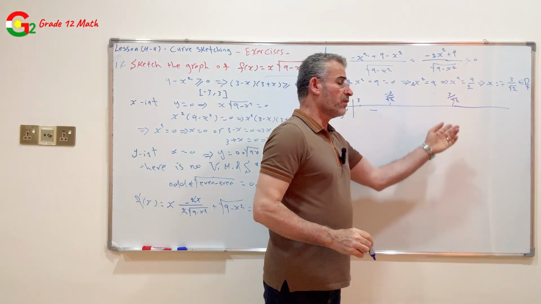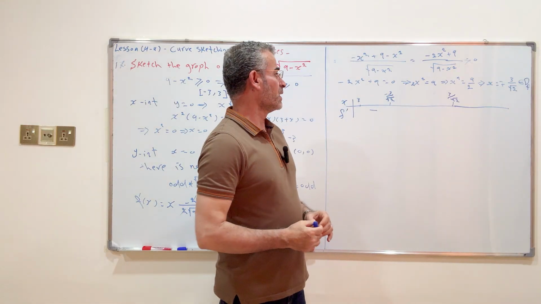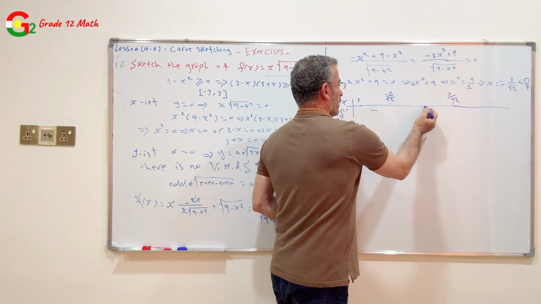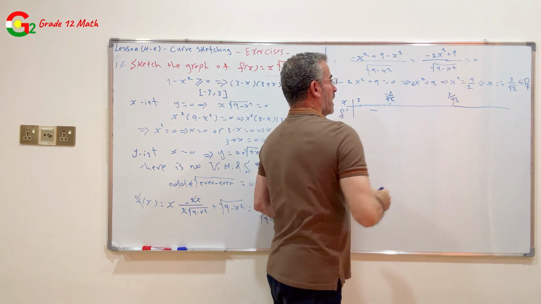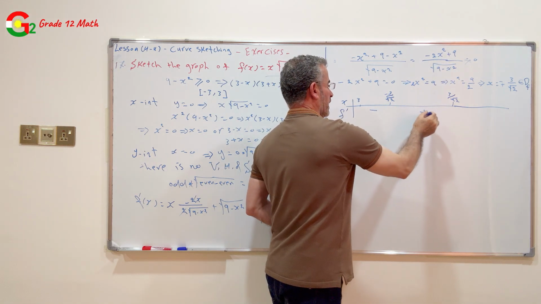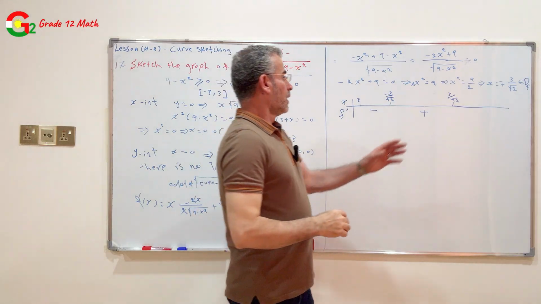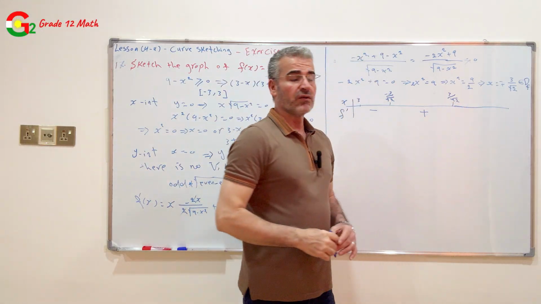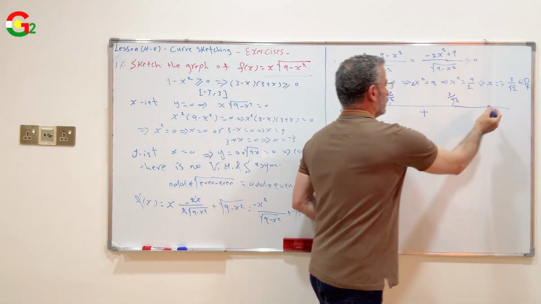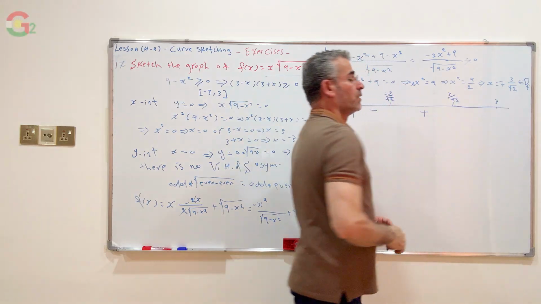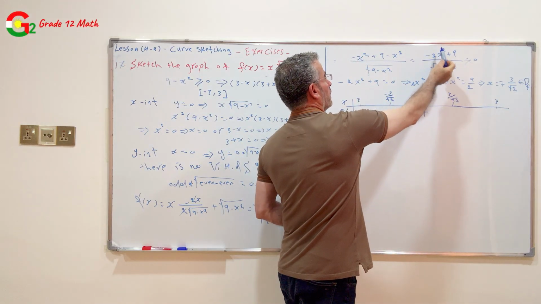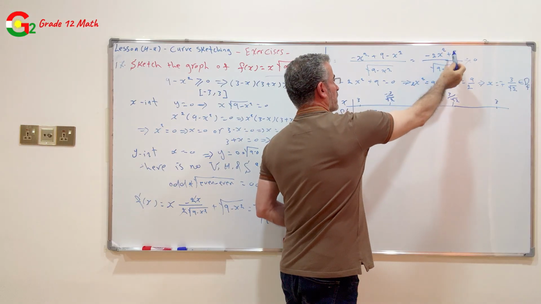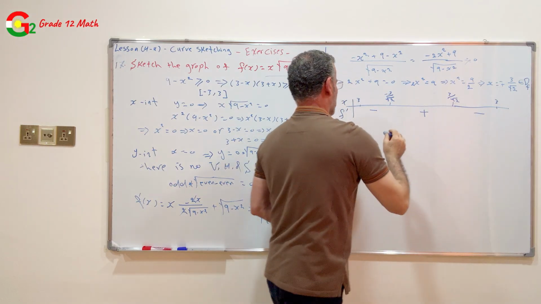Between negative 3 over the square root of 2 and positive 3 over the square root of 2, take 0. 0 plus 9 is a positive value. After 3 over the square root of 2 to 3, take 2.5. 2.5 squared times negative 2 plus 9 is a negative value.